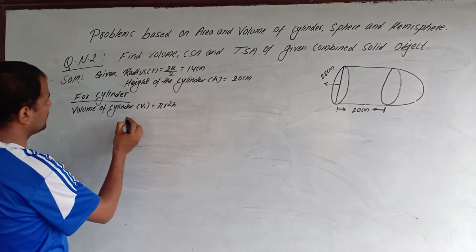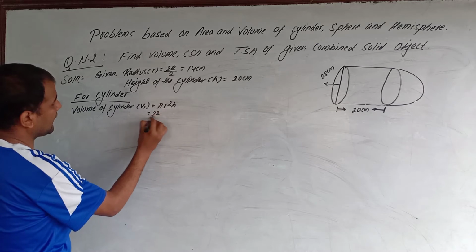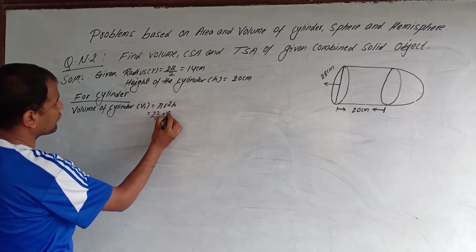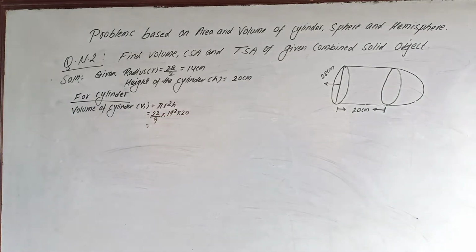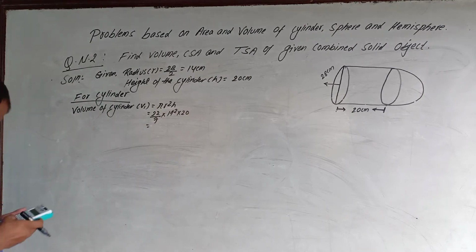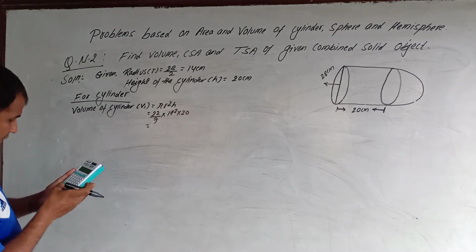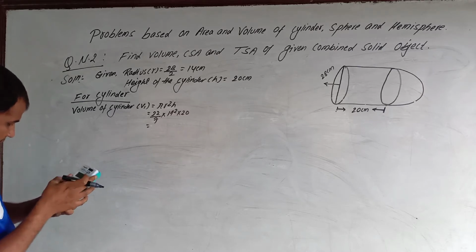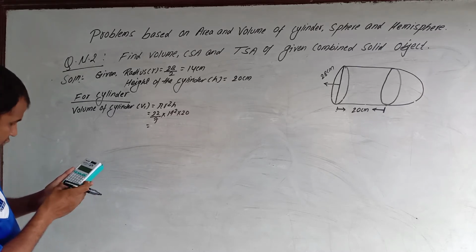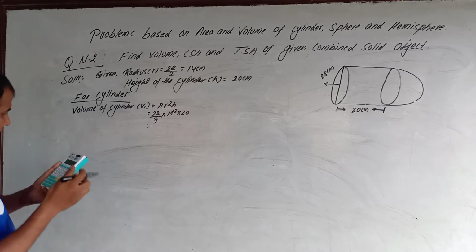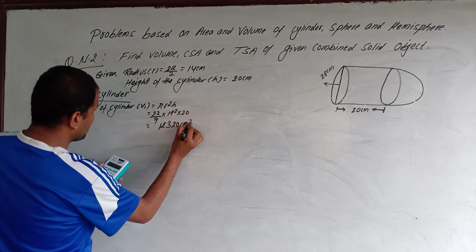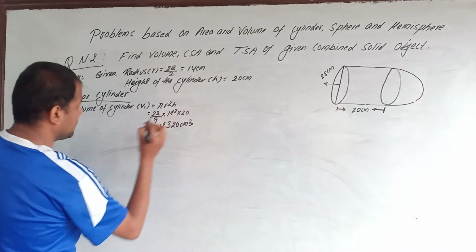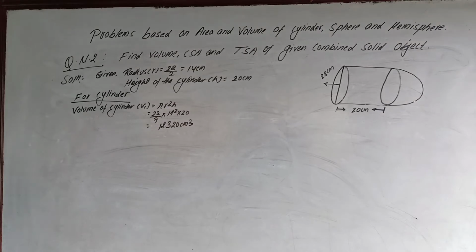That is equal to 22 by 7 into r, means 14 square, into h, means 20. It's equal to 22 into square of 14 into 20 divided by 7. That is equal to 12320 centimeter cube. This is the volume of the cylinder.